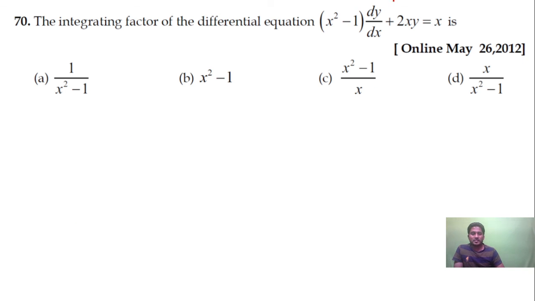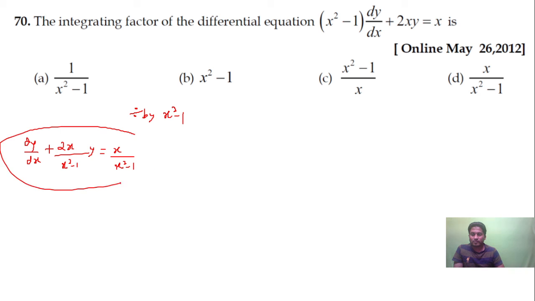Question number 70, you have to just find the integrating factor. If I divide throughout by x square minus 1, you get dy by dx plus 2x divided by x square minus 1, into y, is equal to x upon x square minus 1. So this is of the form dy by dx plus py is equal to q.